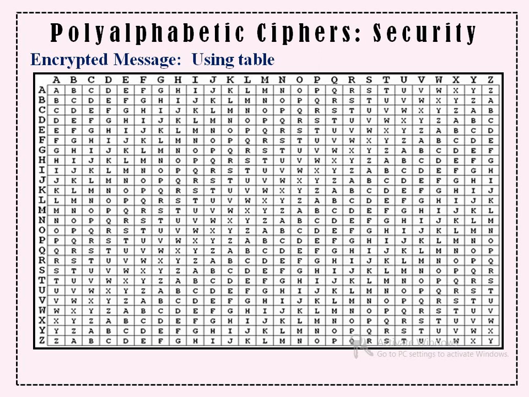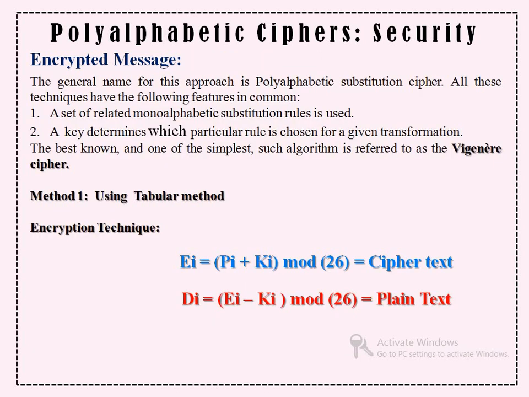We form a table, and from that table we use the additive cipher equation, pi plus ki, and whatever numeric equivalent remainder we get, we consider that as the cipher text. We solved one numerical on this in the last class.